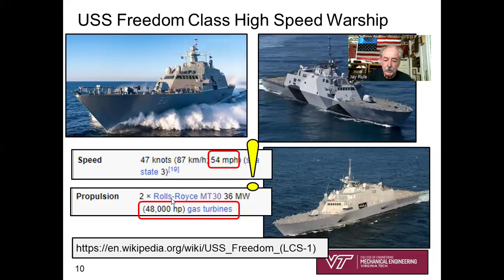It's taking two Rolls-Royce MT-30, 36 megawatt gas turbine engines driving almost like a jet ski. You can see here that each of these engines is rated at 48,000 horsepower. I found this extraordinarily interesting.